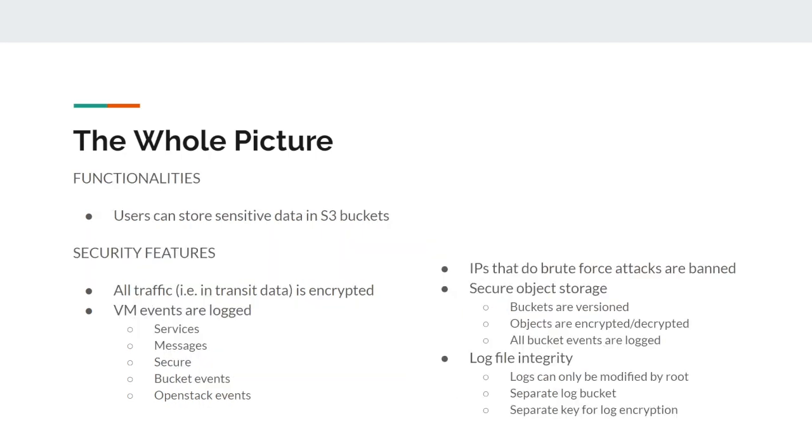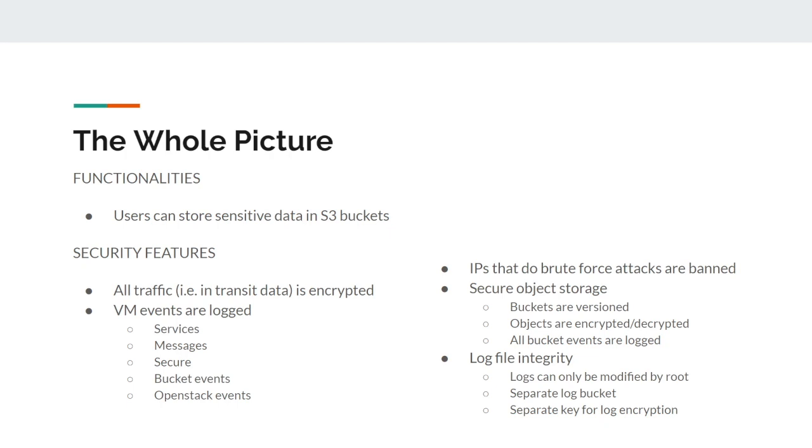Functionality: users can store sensitive data in S3 buckets as described earlier. Security features include logging everything that is vital that occurs within a VM, so services, messages, bucket events, operations, anything along those lines. And IPs that tried to brute force are banned and blocked, as well as secure object storage.